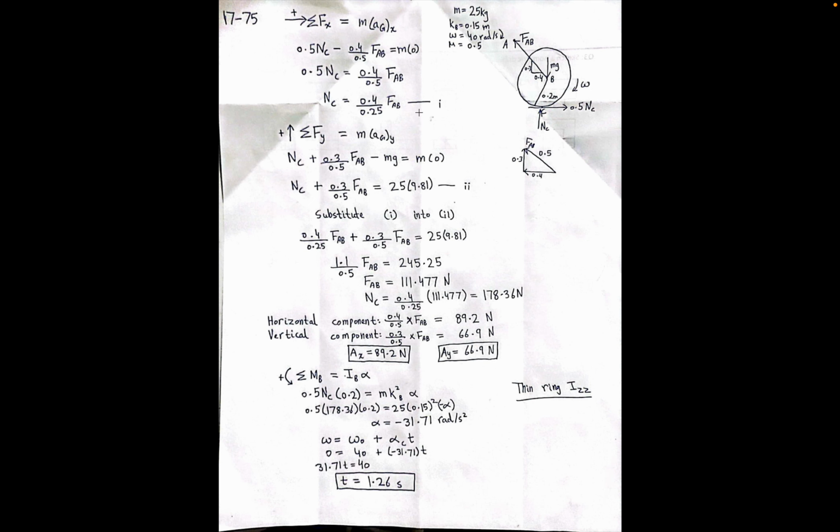So we simplify the equation and we make NC the subject, which is 0.4 over 0.25 FAB. So this is equation 1, and then we do the same for the vertical forces.